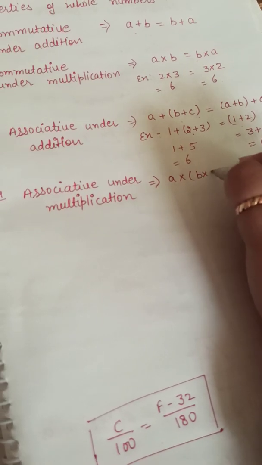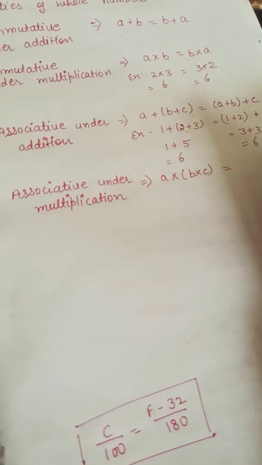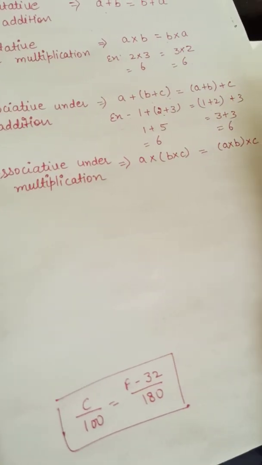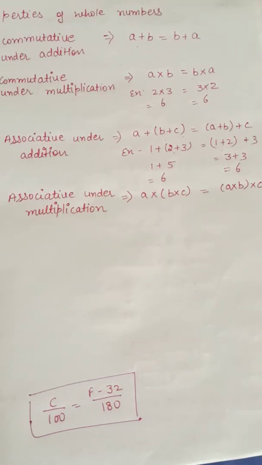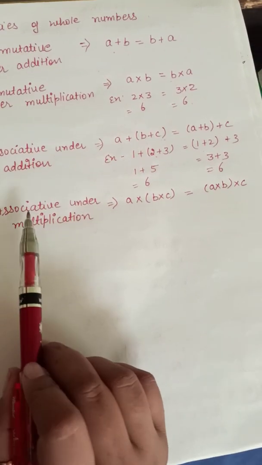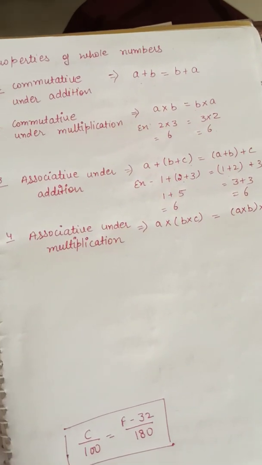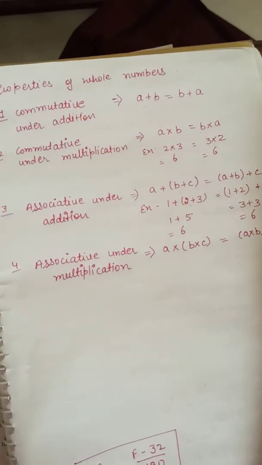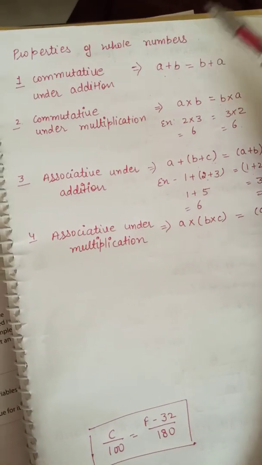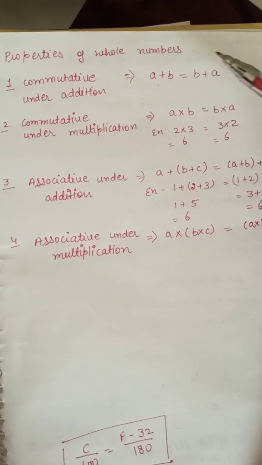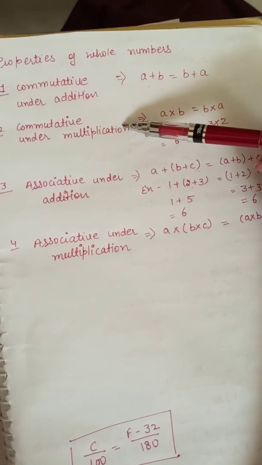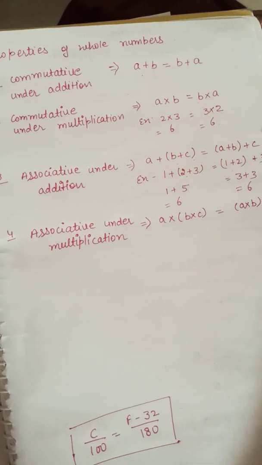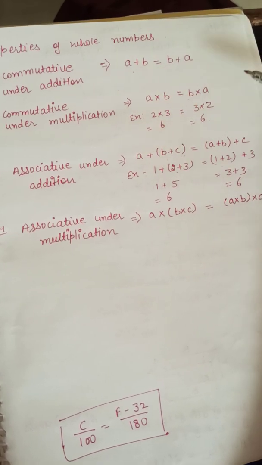A multiply B multiply C, brackets will change, and in this you will try yourself with the help of example. So these two types of properties with four subtypes is clear to everyone. First, commutative under addition. In this we are changing the order. Remember the differences. In commutative we are changing the order. In associative the order is same, just changing the brackets.